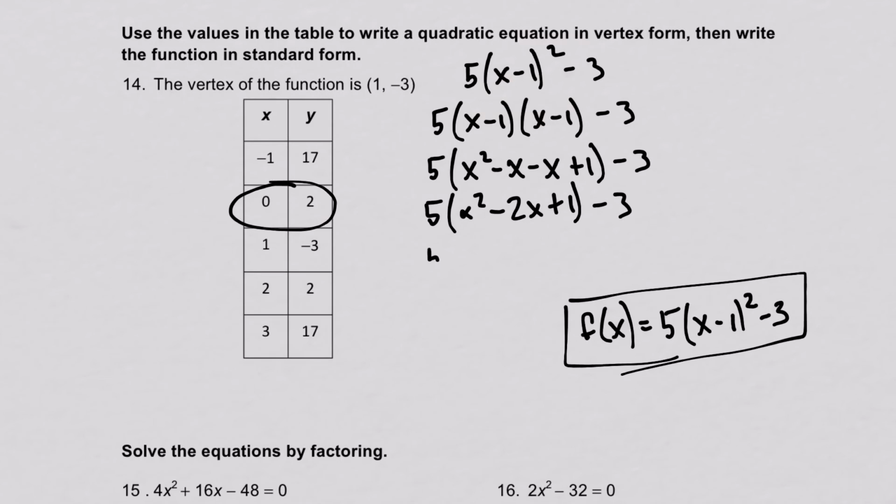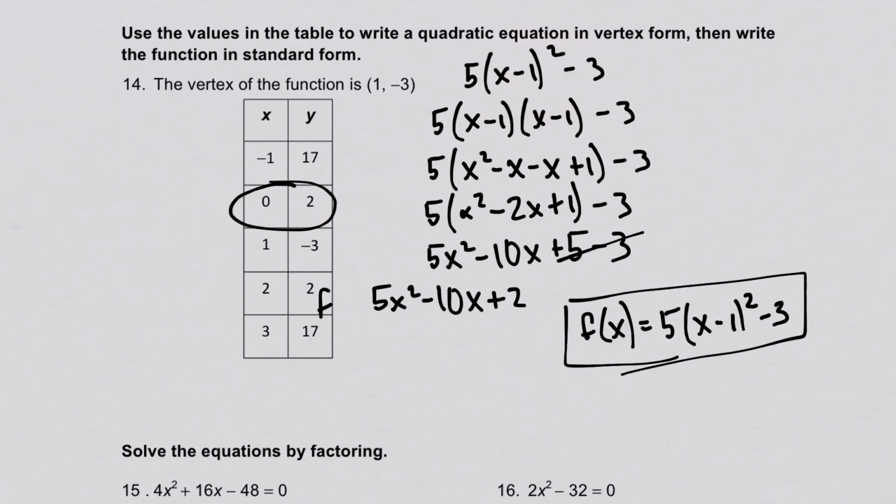Distribute the 5 and you get 5x squared minus 10x plus 5 minus 3. And then the 5 and the negative 3 together make a 2. So it's 5x squared minus 10x plus 2. f of x equals that. This is vertex form. This is standard form.